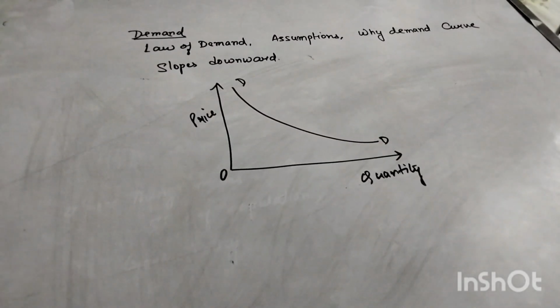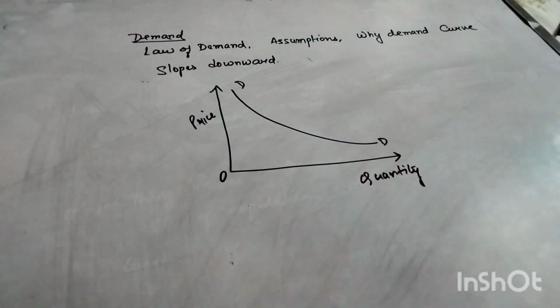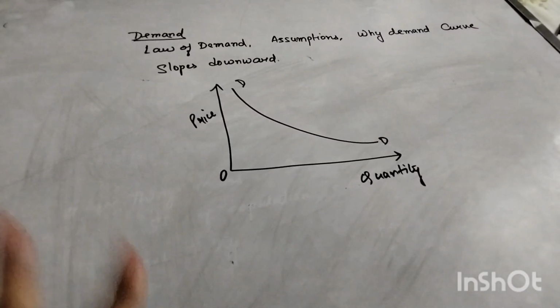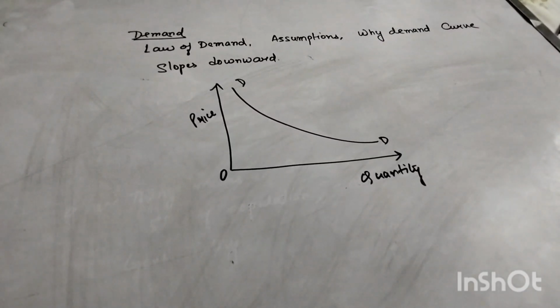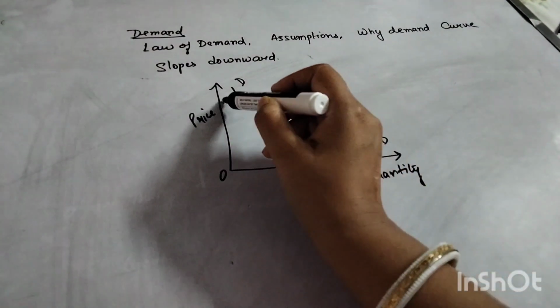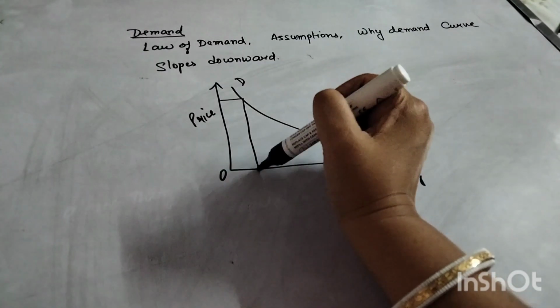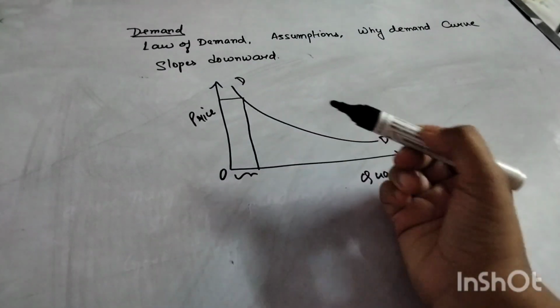See, this is the shape of the demand curve. This is downward sloping. There are various reasons why this demand curve slopes downward. Let us see this diagram. When price increases, your quantity demanded falls.